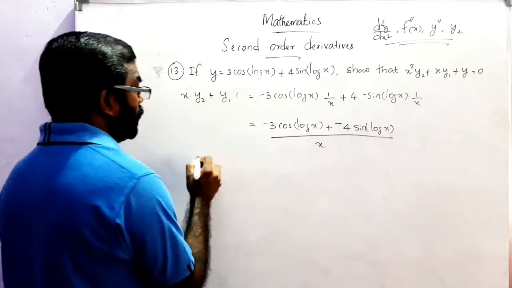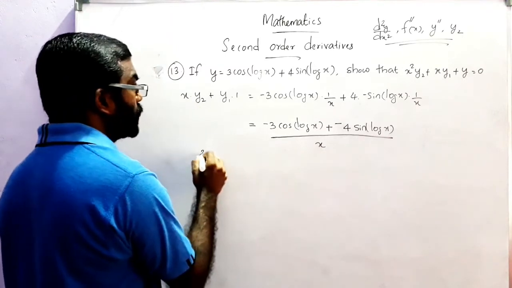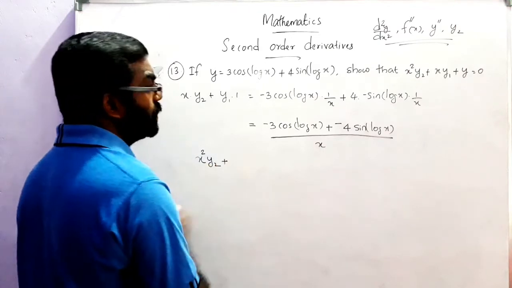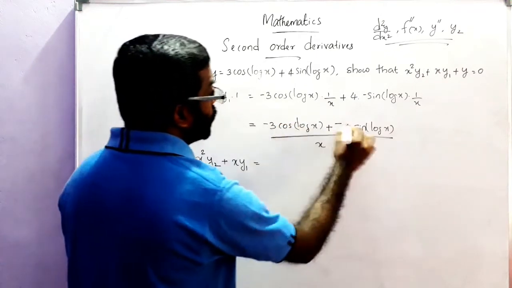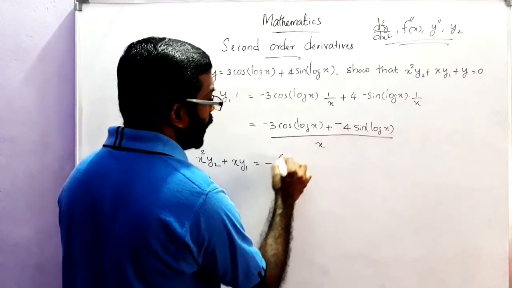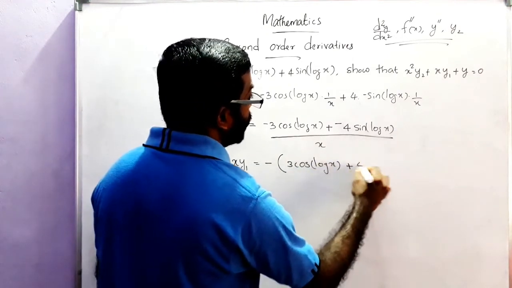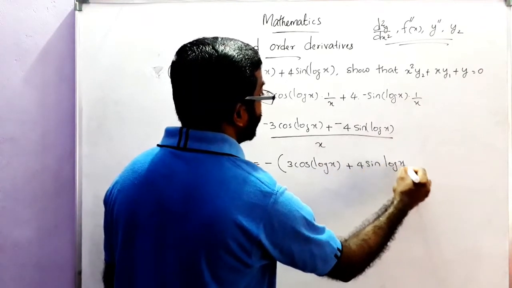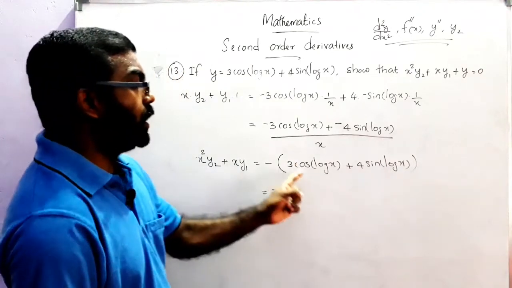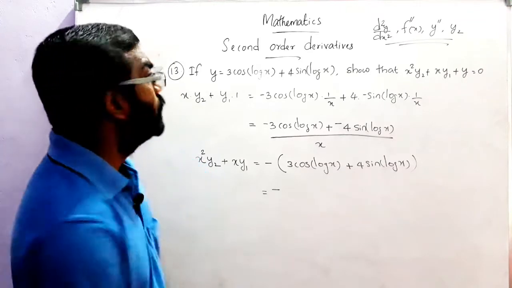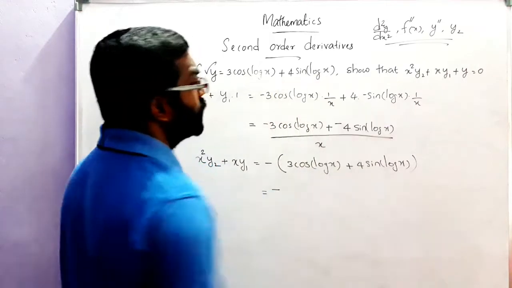Now we can cross multiply this x to the left side. x into x, that is x square y2, plus x into y1, x y1, which is equal to, in these two terms minus is common, that we can take out. Minus of 3 cos log x plus 4 sin log x, which is equal to minus y, since y is equal to 3 cos log x plus 4 sin log x.